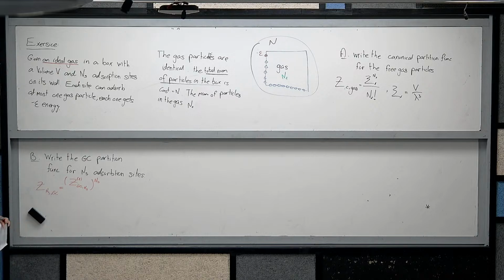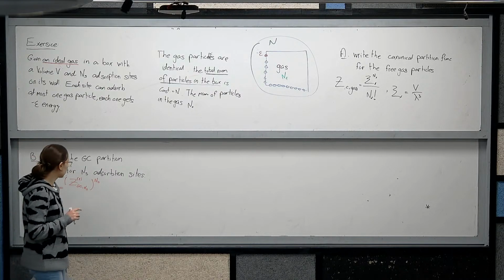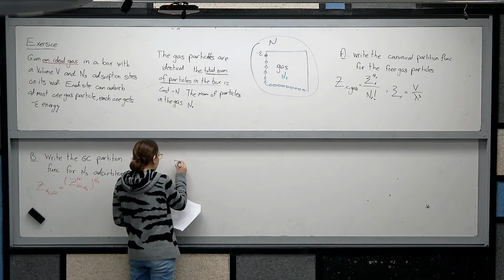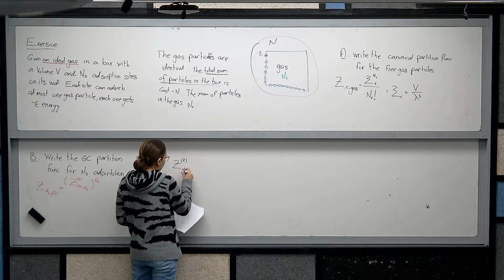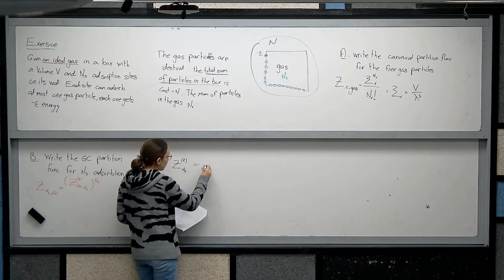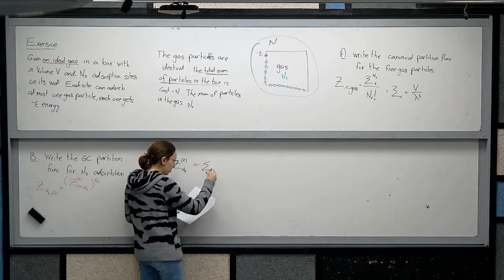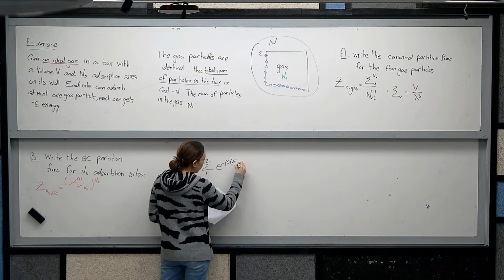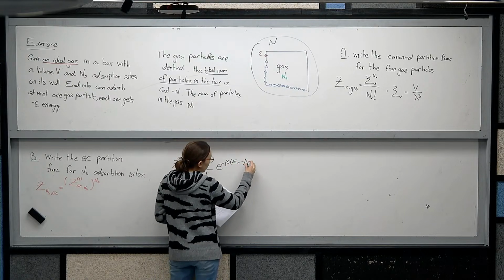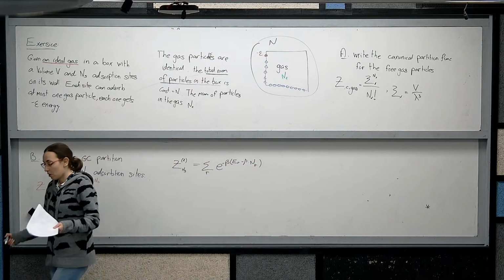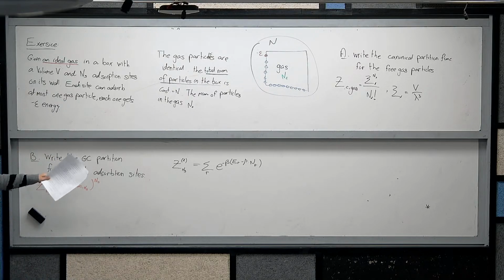So now what we need to do is find the grand canonical partition function for one adsorption site. First we write the summation. We need to sum over all possible states of the exponent of minus beta times the energy of the state minus mu times the number of particles in this state. What states do we have in one adsorption site?